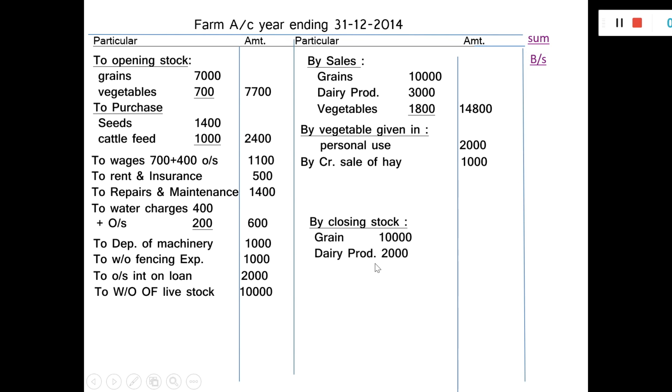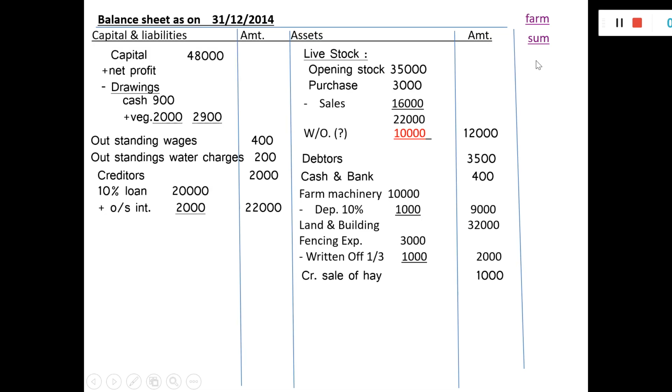Grain, dairy product, vegetables 10,000, 2,000, 3,000 respectively. Total 50,000 will be shown in the outer column. Go to the balance sheet. Closing stock, grain 10,000, dairy product 2,000, vegetables 3,000. Total 50,000 will be shown in an outer column.